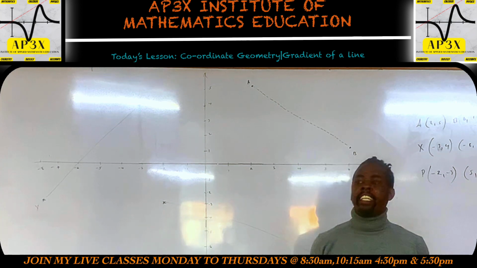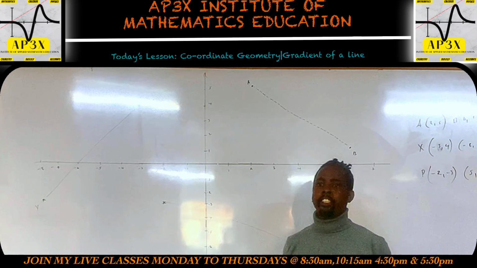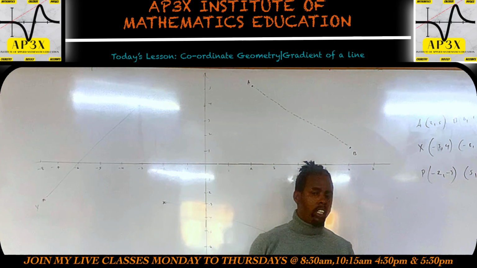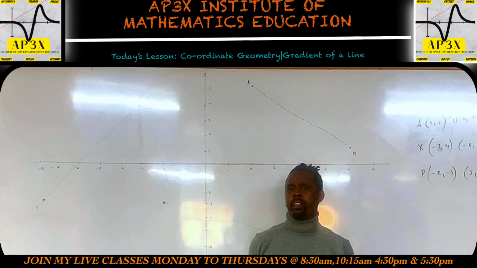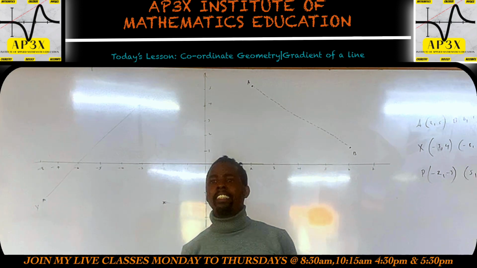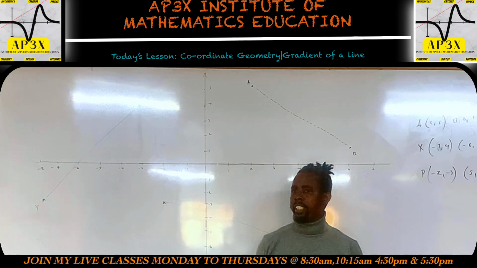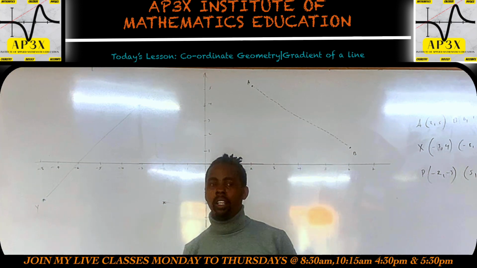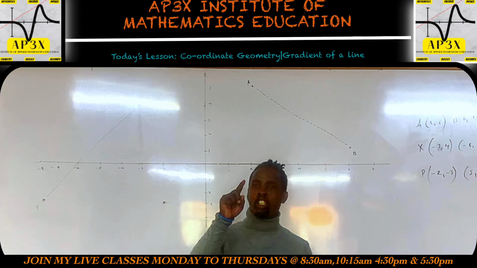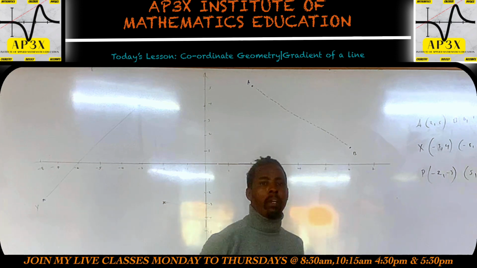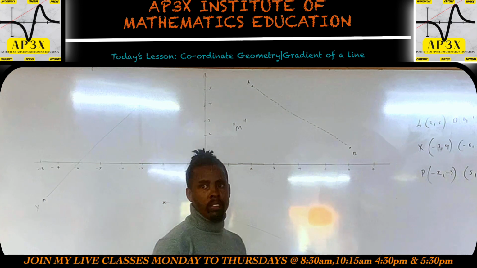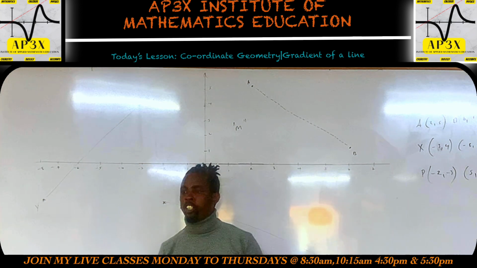The gradient is indicated by the symbol. I should have said denoted. Denoted is the correct word. The gradient is denoted by the symbol M, that is lowercase m. So put that in open and close quotation. That is the letter that we use to represent gradient.